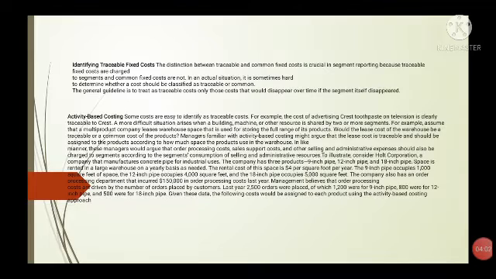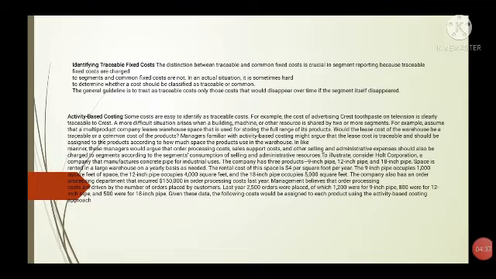The company has three products: 9-inch pipe, 12-inch pipe, and 18-inch pipe. The company rents a large warehouse on a yearly basis as needed. The rental cost of this space is $4 per square foot per year. The 9-inch pipe occupies 1,000 square feet of space, the 12-inch pipe occupies 4,000 square feet, and the 18-inch pipe occupies 5,000 square feet.